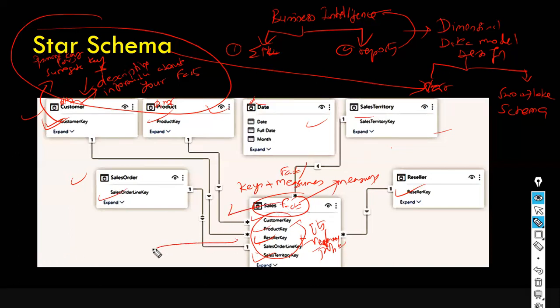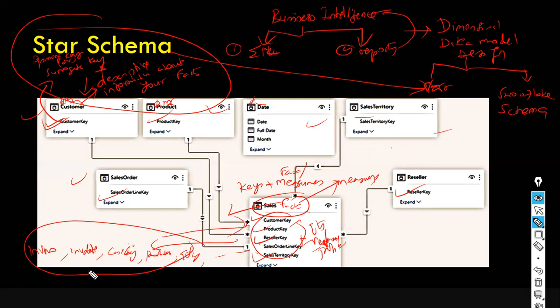Let's say in this sales fact table, I have columns like the invoice number and invoice date. And then you have something called customer ID or customer key, comma, product key, quantity, etc. Okay. These columns are available in this table.